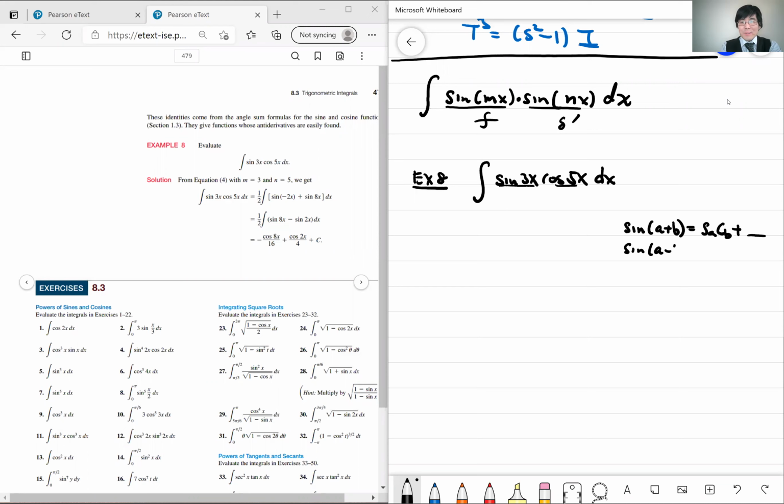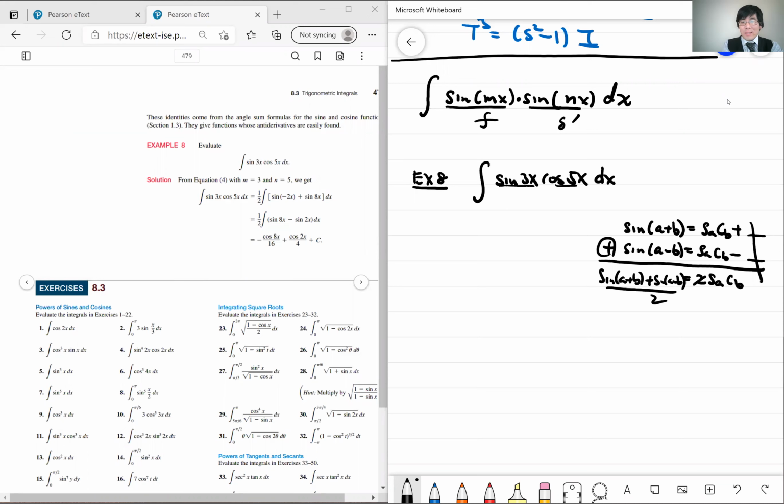And sine A minus B is equal to sine A cosine B minus whatever. So if you take the sum, this part cancels, and you get 2 sine A cosine B. So that's the product to sum formula after you divide both sides by 2.